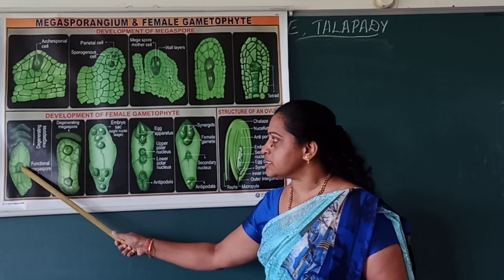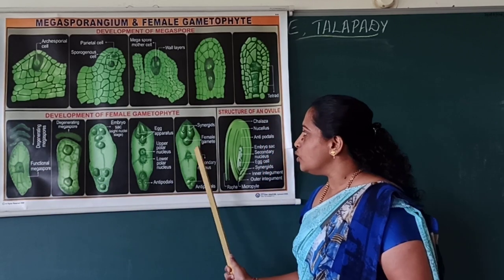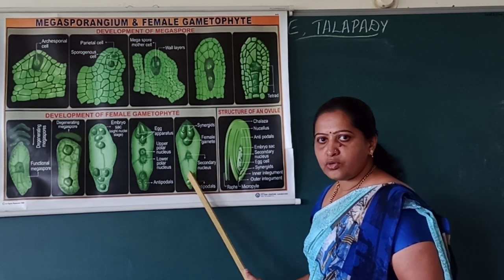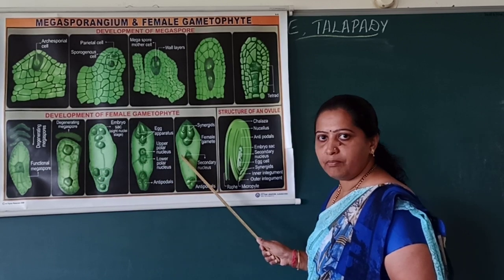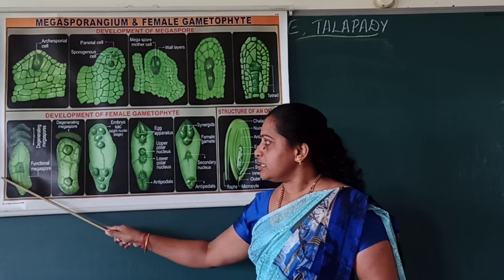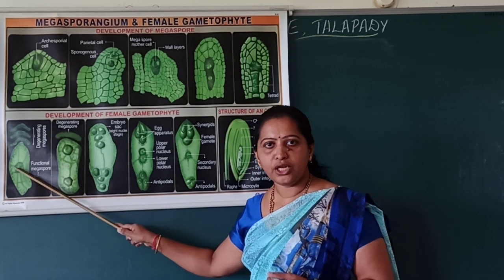So this process of development of a single functional megaspore to a 7-celled 8-nucleated embryo sac structure is known as monosporic development. So during monosporic development, the single functional megaspore has got a single nucleus.